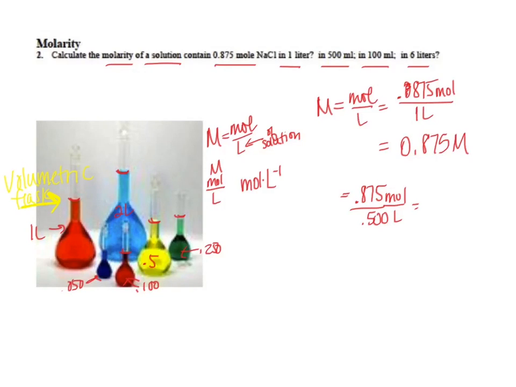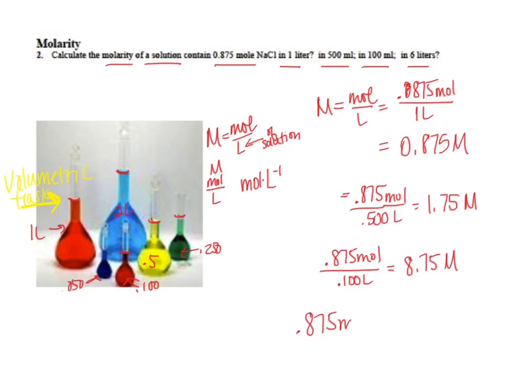And what do y'all get? 1.75 big M. The next one says 0.875 moles per 0.1 liter, and we should get 8.75 big M. And the last one says 0.875 moles in 6 liters.